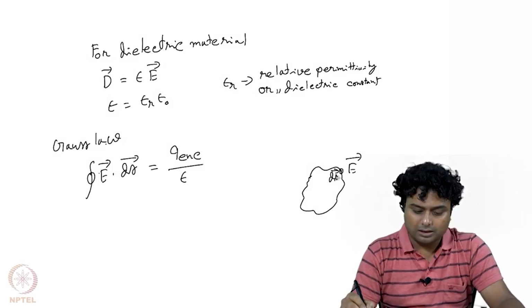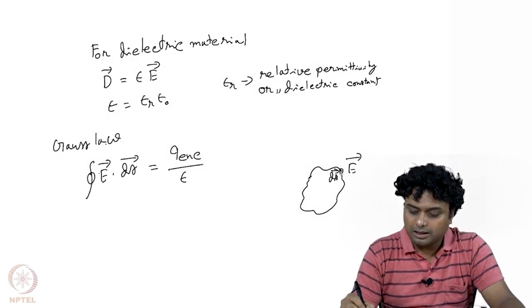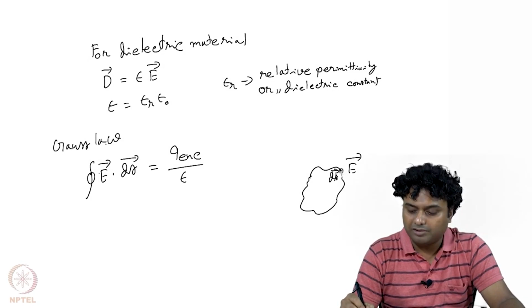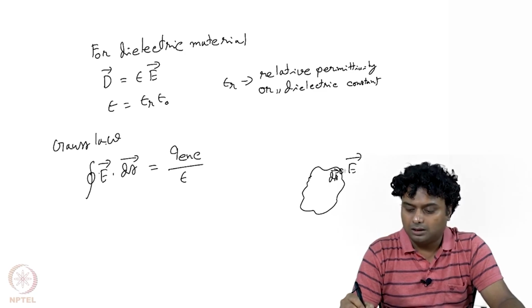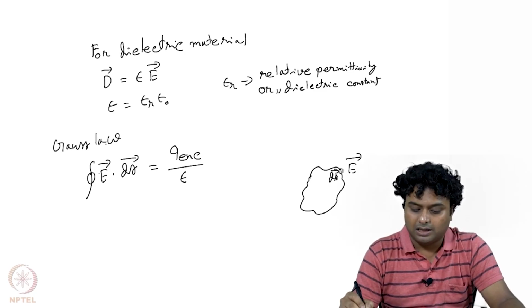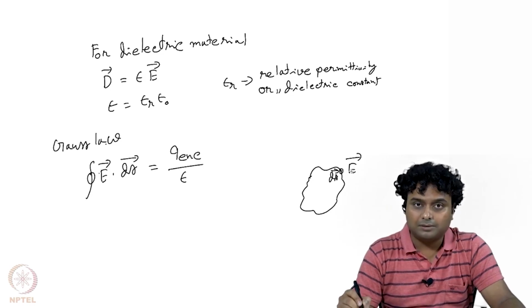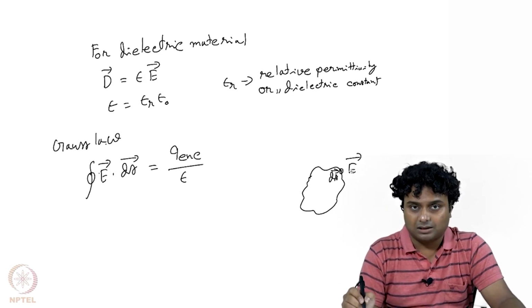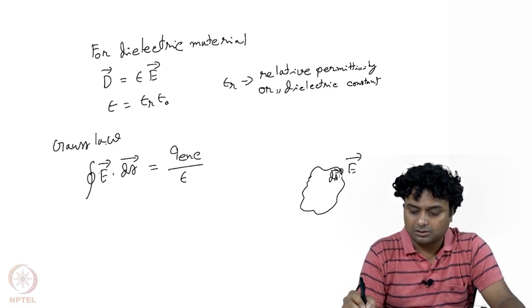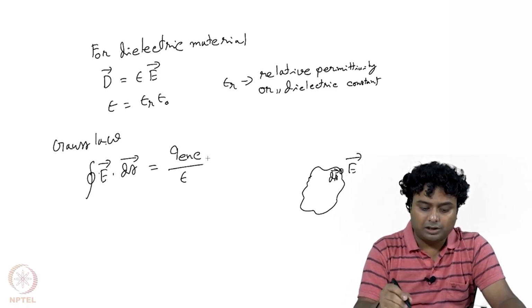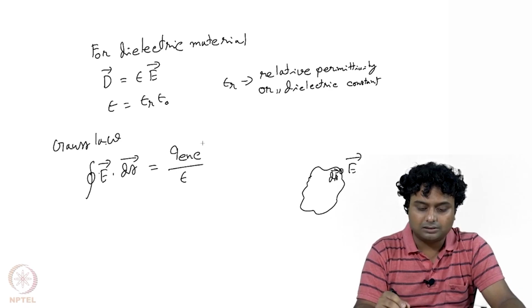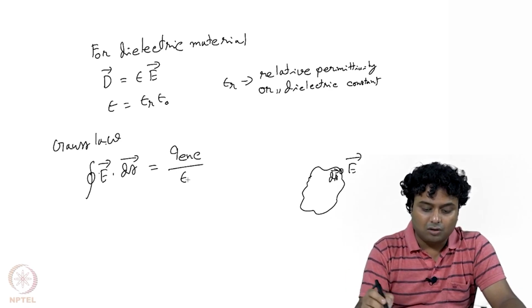So as I was saying, at every small elemental area we have an electric field, and if we take a dot product of the surface vector and the electric field, then E dot ds is the flux through that small area, and if we integrate over the flux, then we get the charge enclosed divided by epsilon. So this is Gauss law.